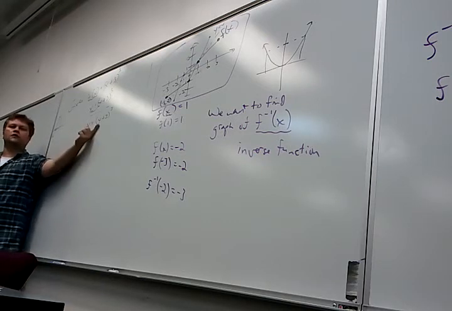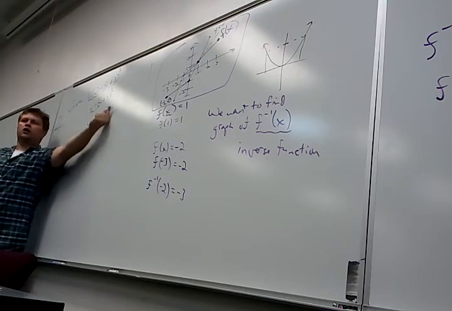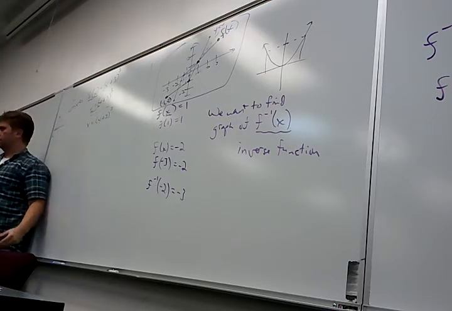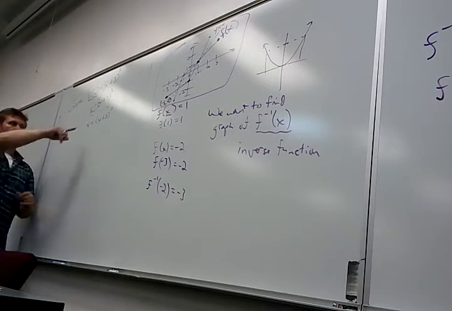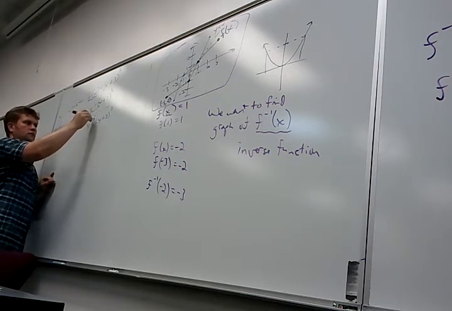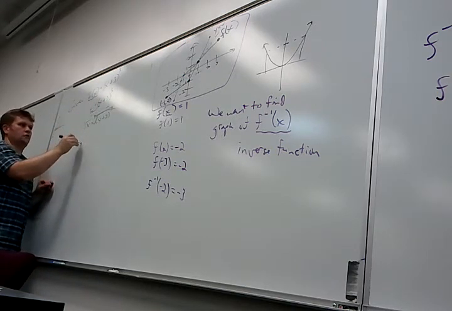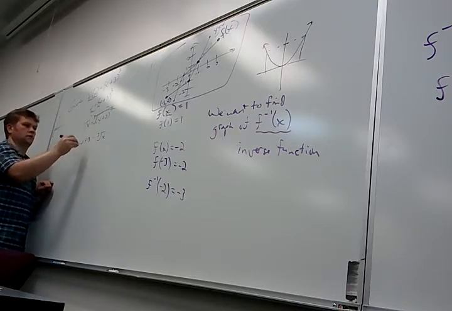When you go to solve this for y, what's going to happen? When you solve any equation, what do you do? You undo the operations that are there. So the end result should be the opposite function. So what's the first thing I do to solve for y? Cube root it. So you get y plus 3 is the cube root of x.